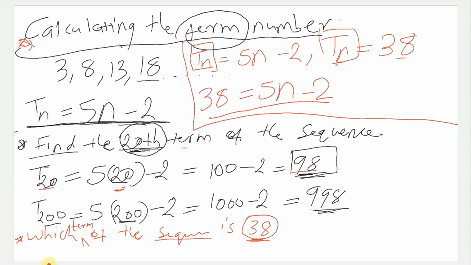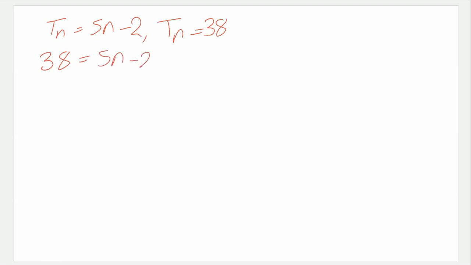Let me go on to a new page so that this can be clear. Remember, Tn is equal to 5n minus 2, and I said that Tn is equal to 38, so I wrote that 38 is equal to 5n minus 2. I need to find this value over here.